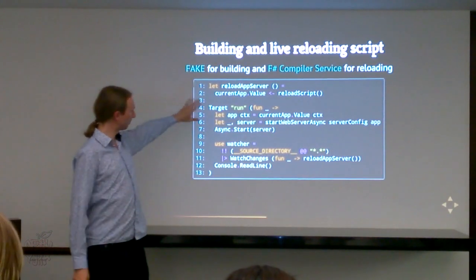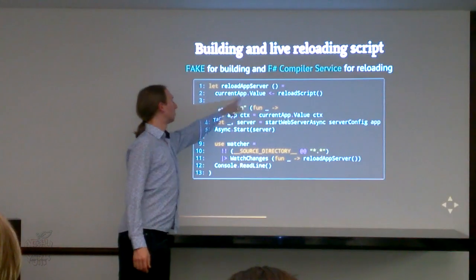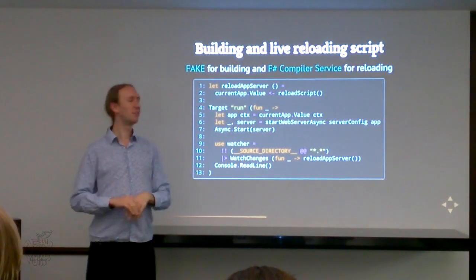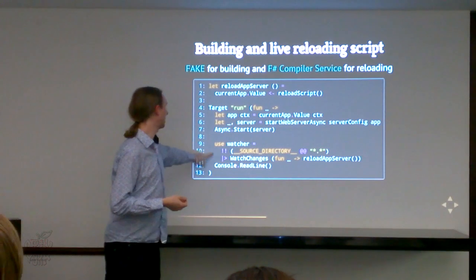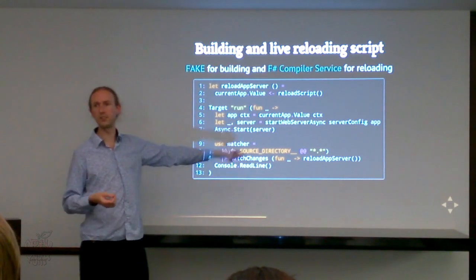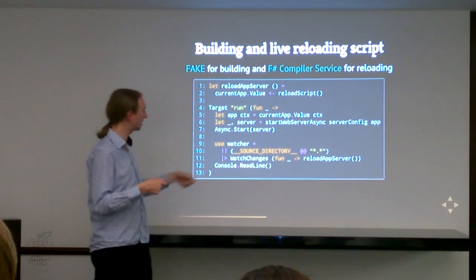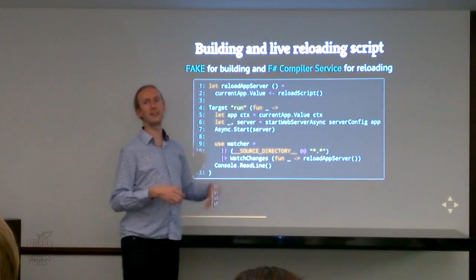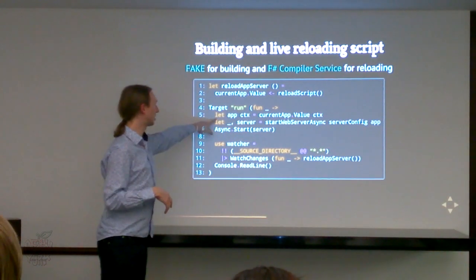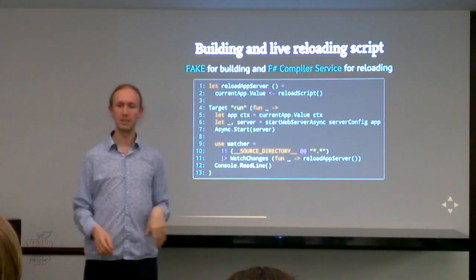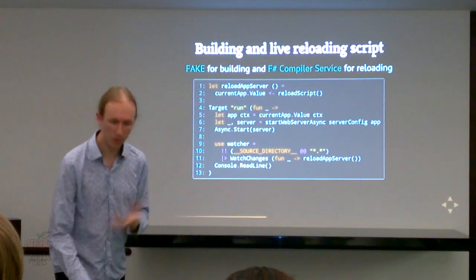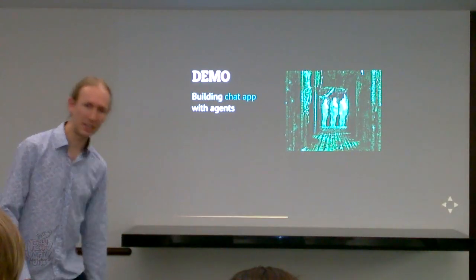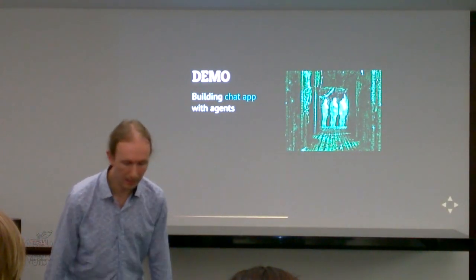And then FAKE has a nice mutable variable, current app, and whenever my file changes, FAKE has a watcher for monitoring file system changes. Whenever the file system changes, it will reload the current app, and then the server is always hosting the current value there. So that's another interesting bit of architecture there.